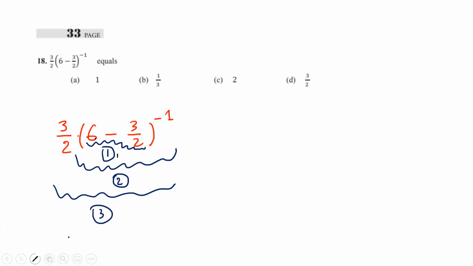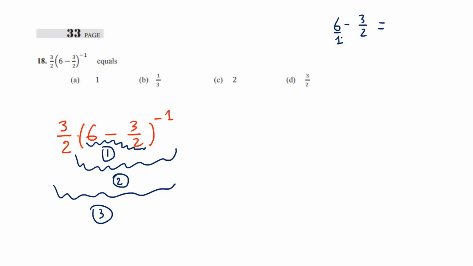So how do we subtract two rational numbers? To subtract two rational numbers, we can do it only if they have the same denominator. Here it's an integer, a natural number, so its denominator is 1. The denominators are different.